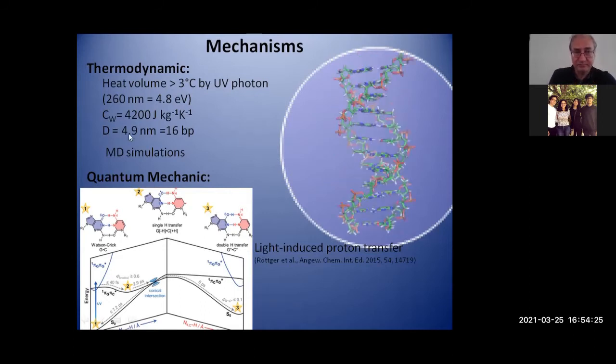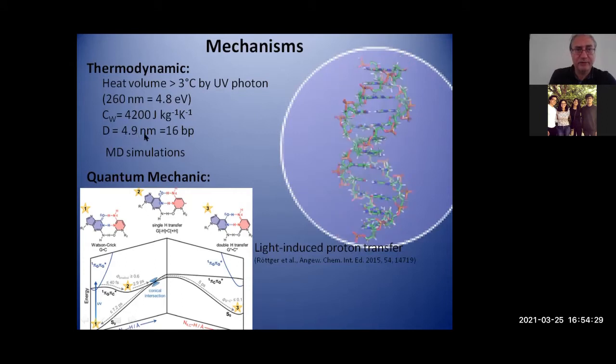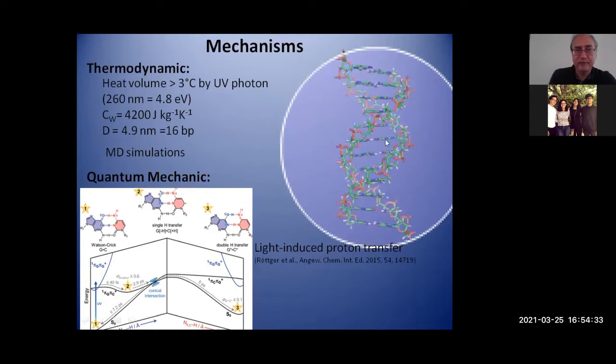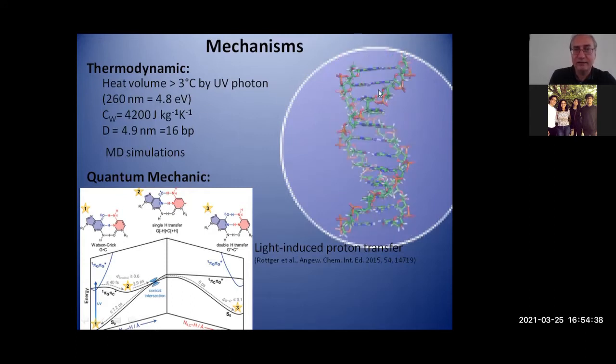And we did the calculation, and it turns out in water, the diameter is about 4.9 nanometers, or about 16 base pairs. So one photon would be enough to increase the temperature about 3 degrees centigrade for about 16 base pairs.